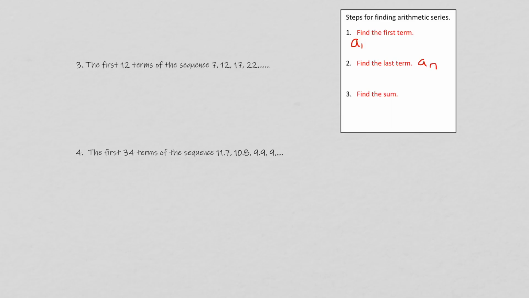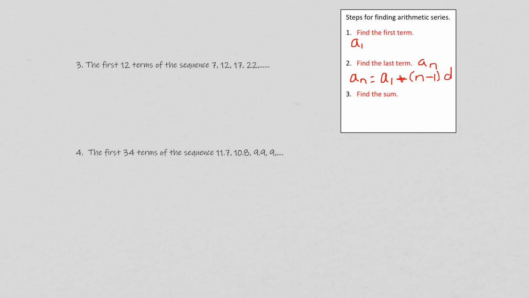And if you don't see it, you might have to plug it into your sequence that you're given. Or in just a minute, we're going to go back and use that formula that we used last week to find the value of a term. And that was a sub 1 plus n minus 1 times d. We're not going to be writing any sequences. We're just going to use it to find some values today.